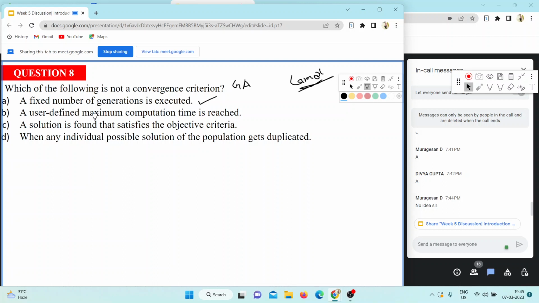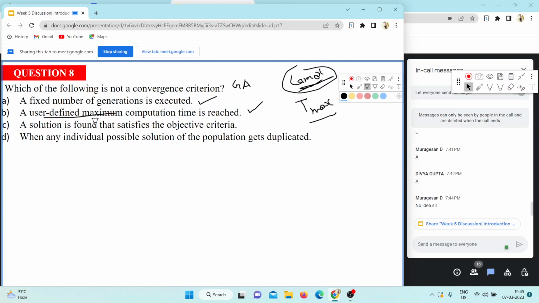See, B is a user defined maximum computation time is reached. Yes. Apart from this G max, you can have a T max. You can have a computer program, and you can tell your computer program to end this process after a particular time. So this is also true.